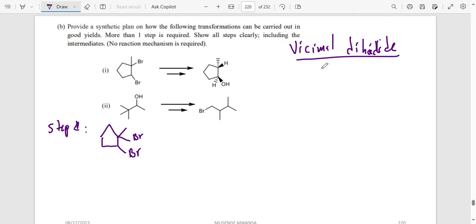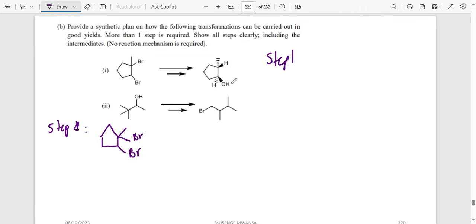So this is what we are going to use. Now, when we are using this mechanism, what we are basically using is zinc. So what is going to happen when we are using this zinc? Let me write the first step on top here as step one. This is going to be another step.